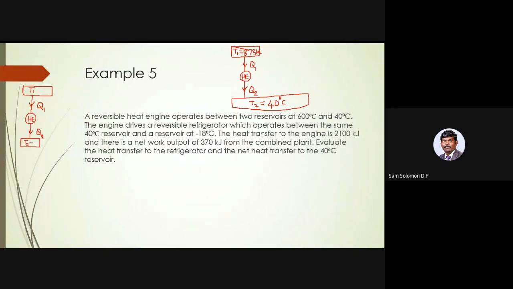So 40 plus 273 is 313 Kelvin. And now they are saying there is a refrigerator which operates between minus 18 degrees centigrade, so minus 18 would be 255. So there is a refrigerator which operates between 255 Kelvin and 313 Kelvin.